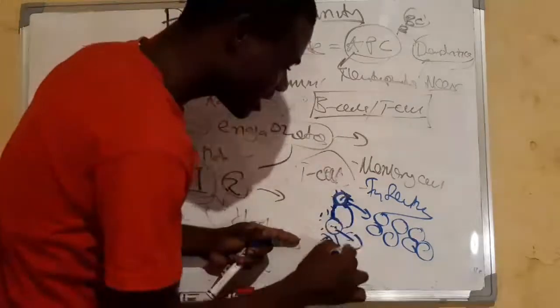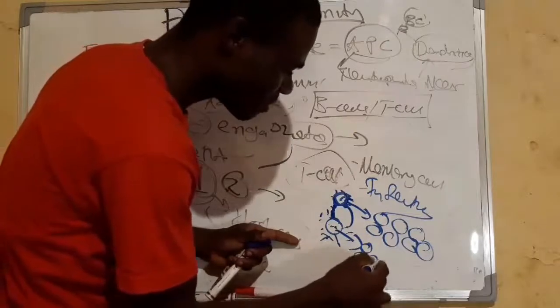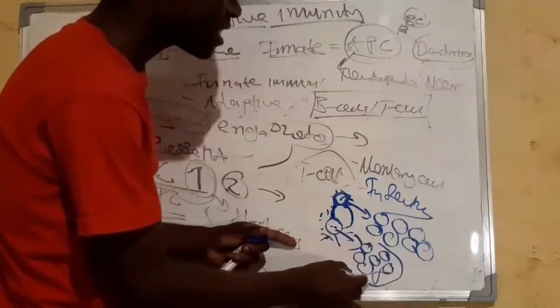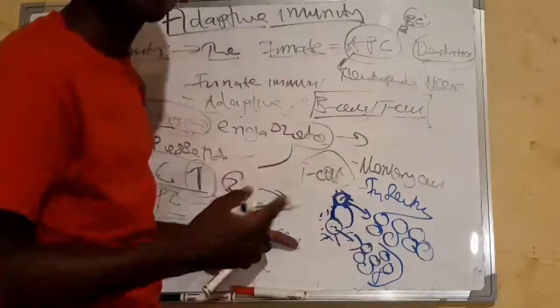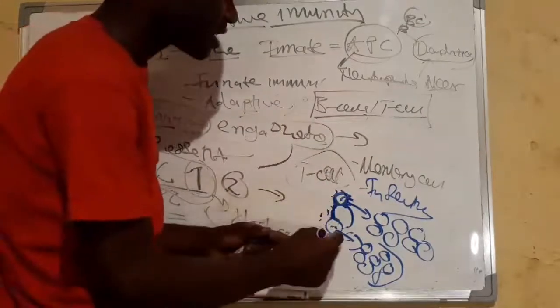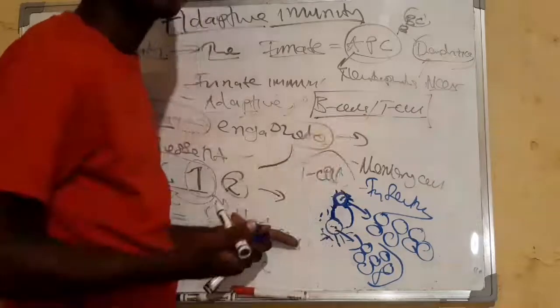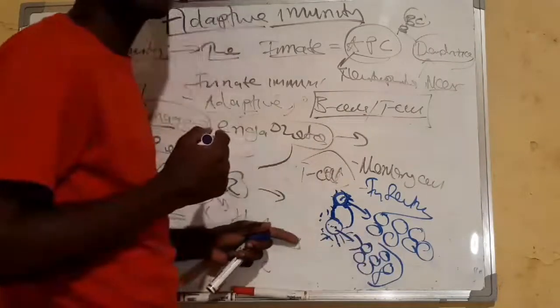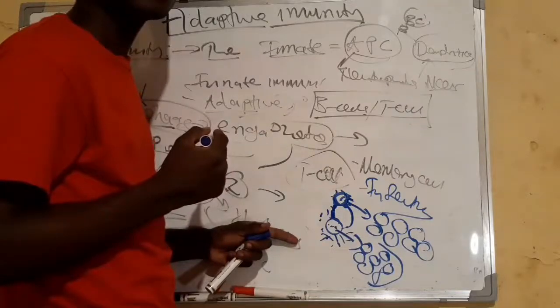Let's say these are other T cells being proliferated. Remember, these are not other T cell types with different receptors. These are T cells of the same type that have been proliferated.